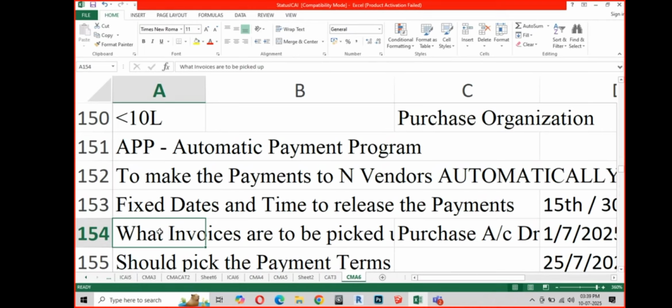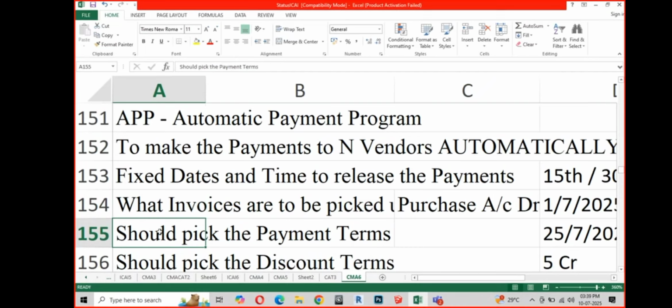That is a different concept. The system should be in a position to release payments on time. It should also ensure that it is paying the invoices and also enjoys the discount, and need not pay any penalty for delayed payment.